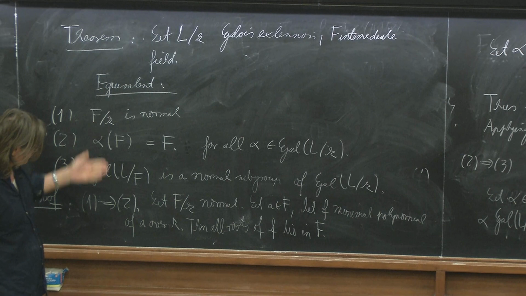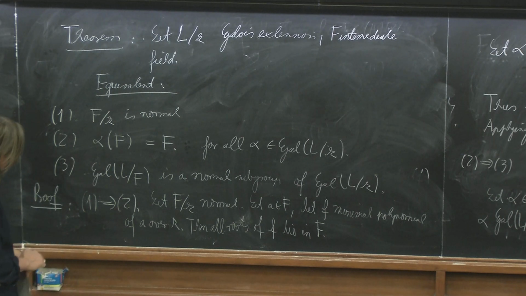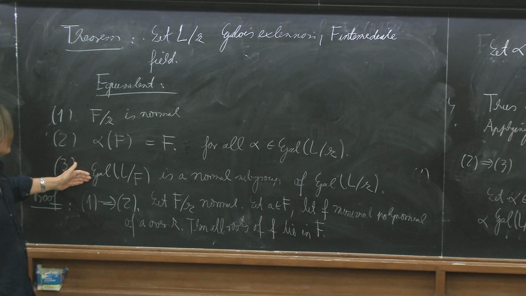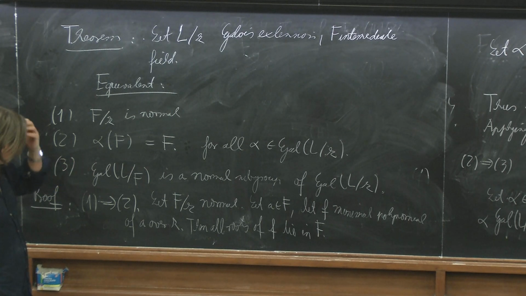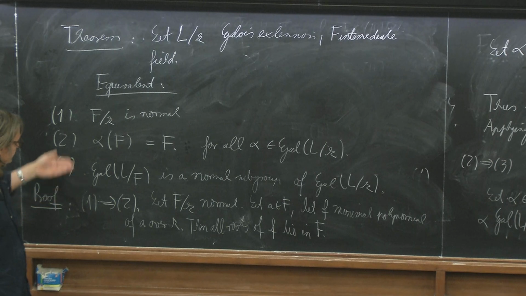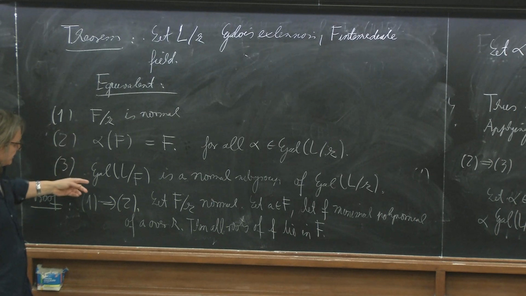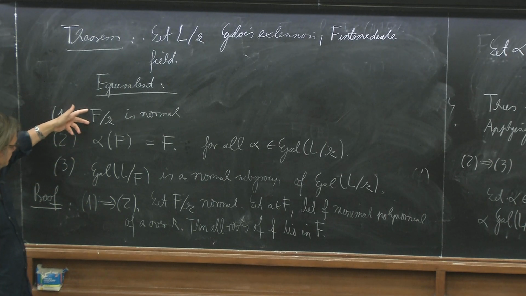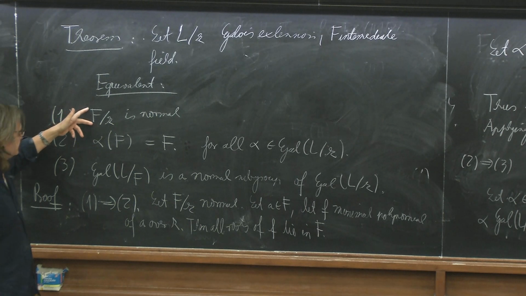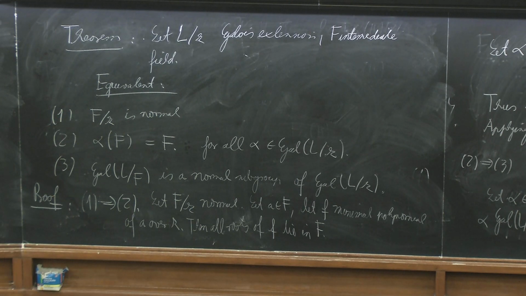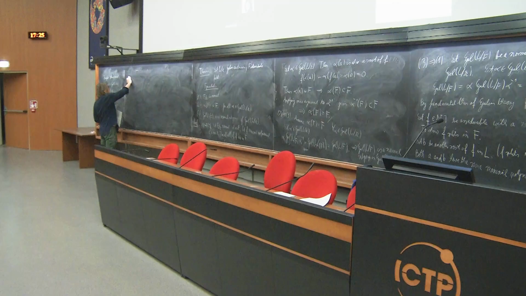Can you describe it in terms of the other stuff you are given? Now you have the Galois group of L over K, and you have this normal subgroup. So the natural reaction would be that you divide the Galois group of L over K by this normal subgroup, and you hope that this is the Galois group of F over K, and this is indeed the case. So this is the following corollary.